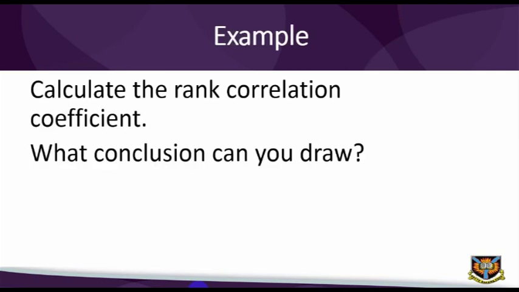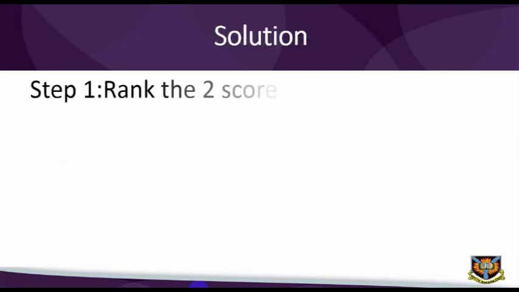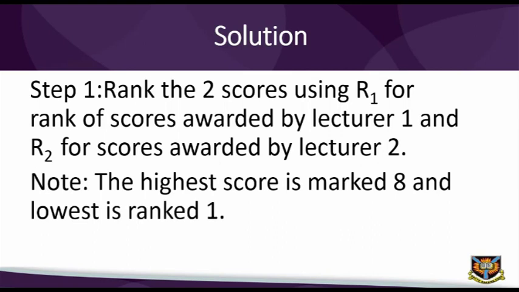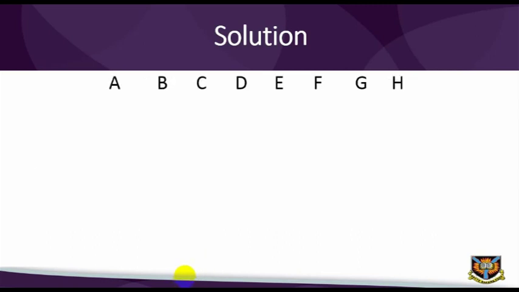Solution. Step 1. Rank the two scores using R1 for the rank of scores awarded by lecturer 1 and R2 for scores awarded by lecturer 2. Note: the highest score is ranked 8 and the lowest is ranked 1. Lecturer 1: 46, 37, 71, 64, 48, 55, 35, 36.